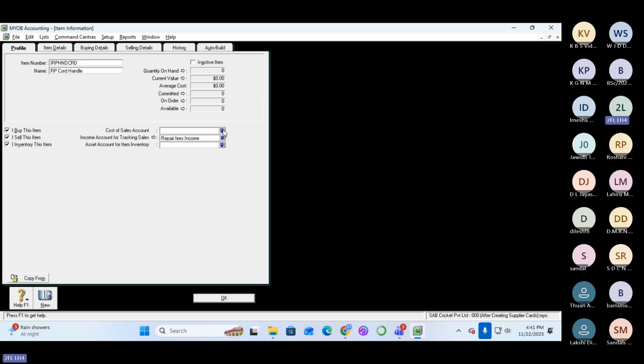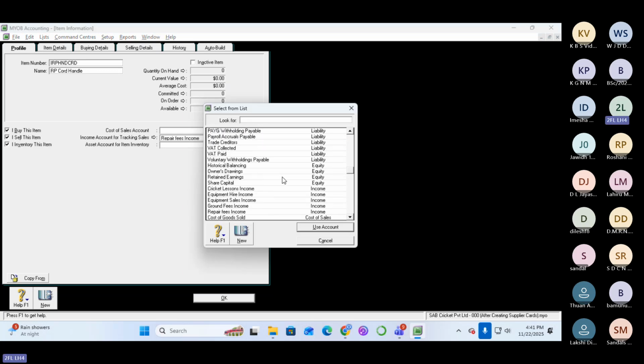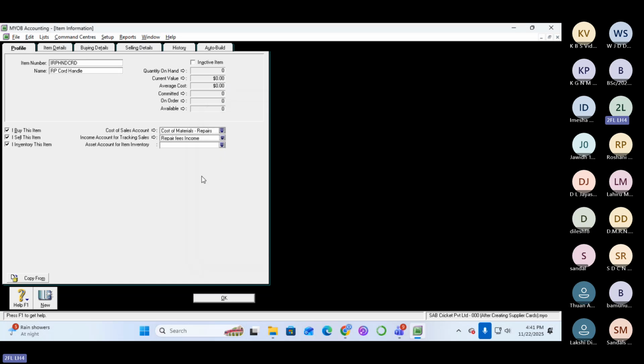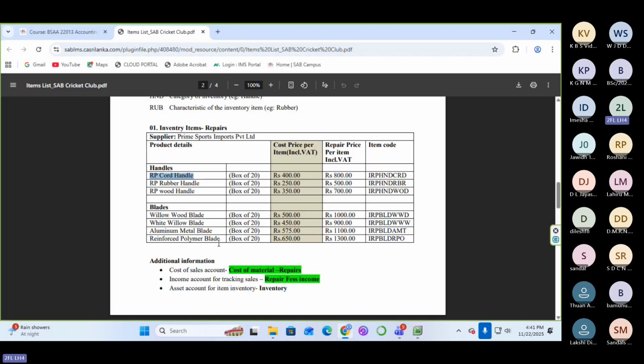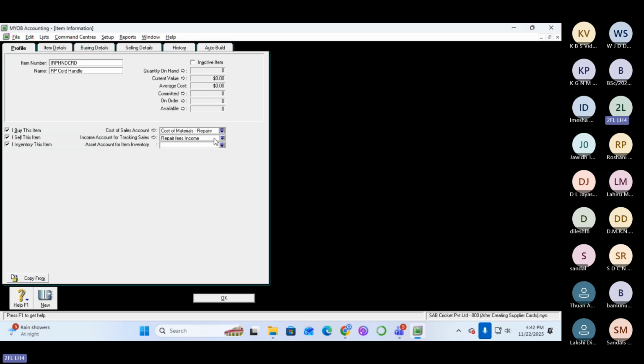Now we will see the cost of sales. Under the cost of sales account, cost of material repairs. I found that account, right? Cost of material repairs account. Use that account. And then under I sell this item, repair fees income. Okay, that is selected because for repairing I am earning this service, or even though it's not service, I'm repairing this price.